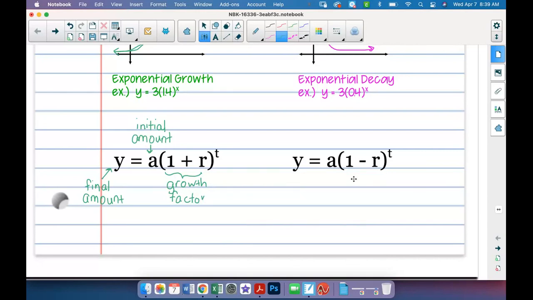And of course, with the decay, it would be called a decay factor, okay? The letter r represents the rate of growth. So this is the rate.